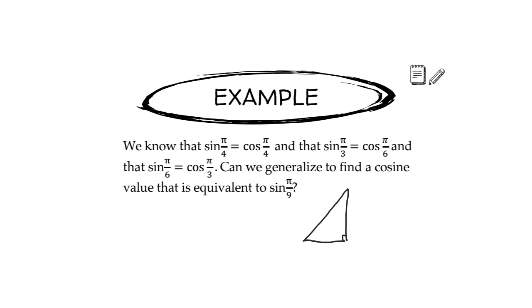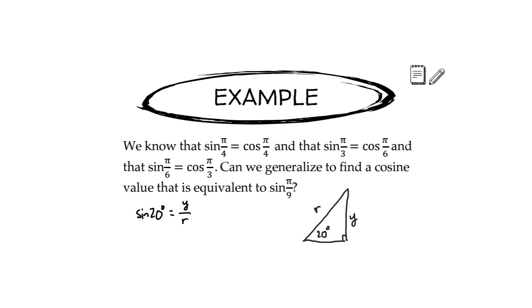Since pi over 9 in radians multiplied by 180 over pi gives me 20 degrees, I can think about the sine of pi over 9 as being this height here, the opposite, over this hypotenuse here, or radius r. And so sine of 20 degrees is y over r.